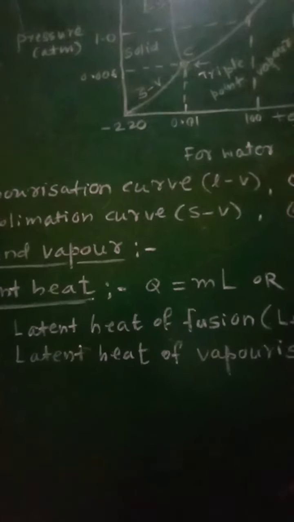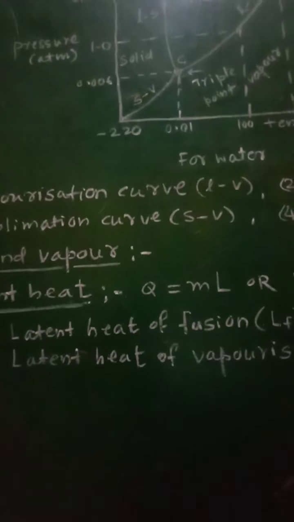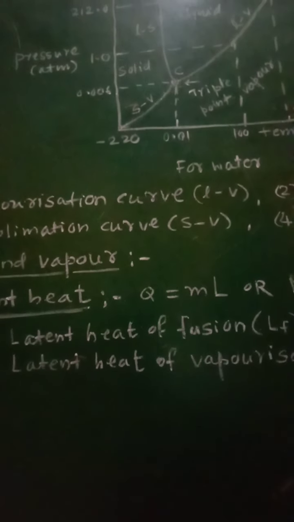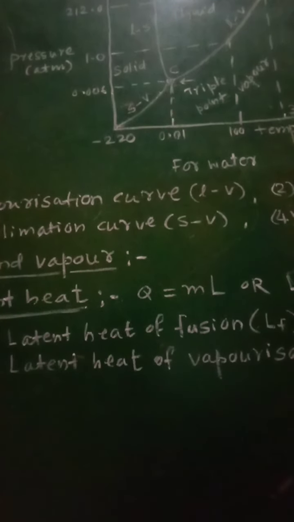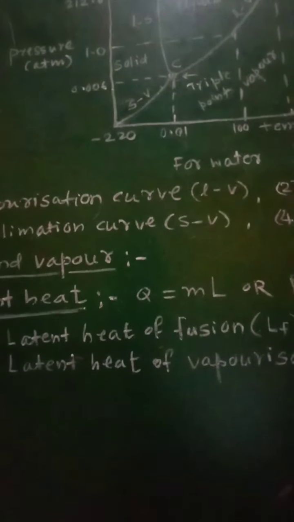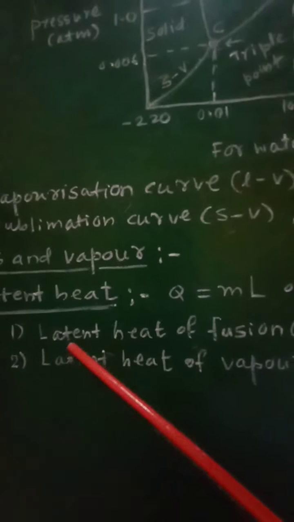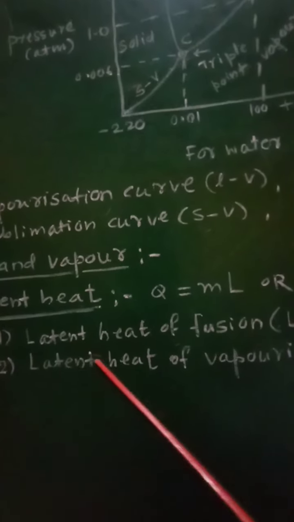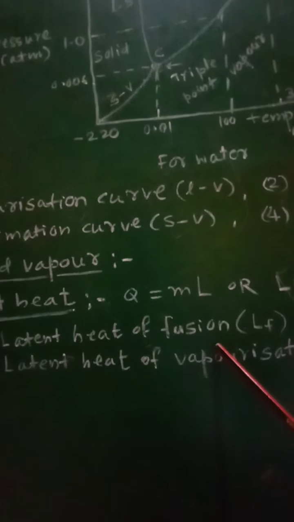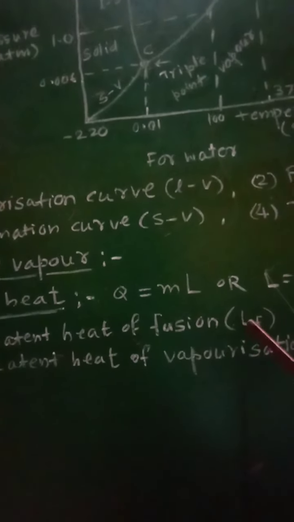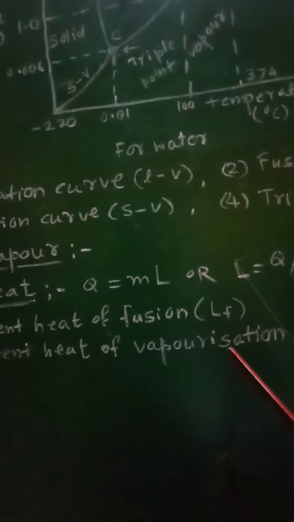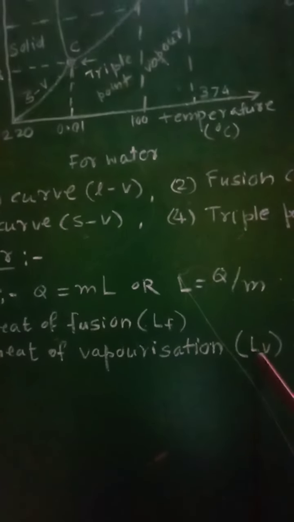So there are two types of latent heat: in latent heat of fusion, the substance is converted from solid to liquid state, and in latent heat of vaporization, the substance is converted from liquid state into vapor state.